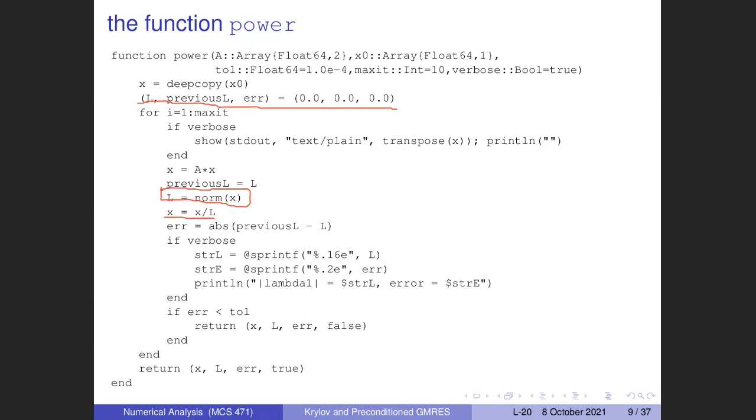If you would not do this, you would still have a mathematically correct algorithm, but the numbers would grow very, very rapidly, and you would introduce a lot of round-off error. So you would think that everything is diverging. The algorithm itself consists of two steps, the matrix vector product, and then the normalization of the vector. So there are two steps. This is a very basic, very simple algorithm.